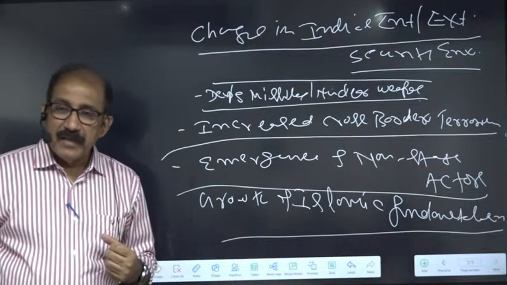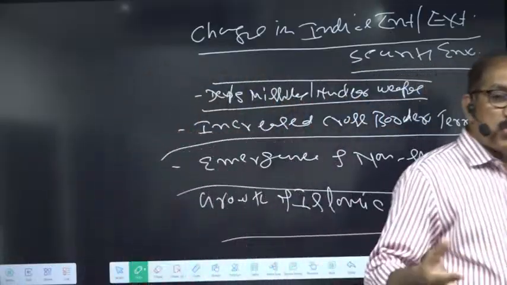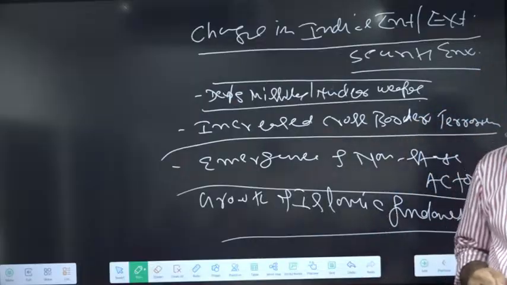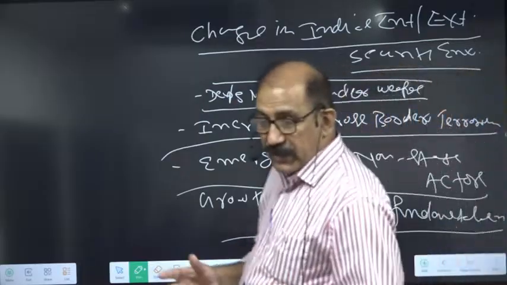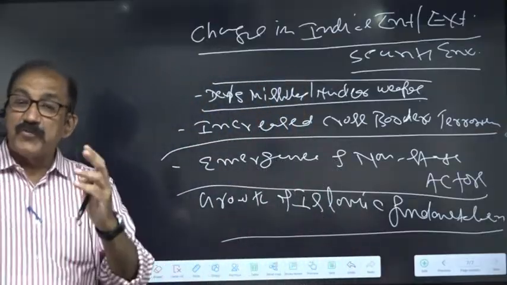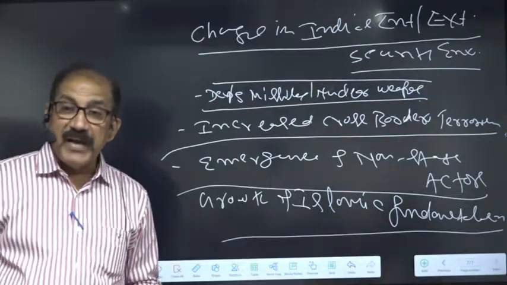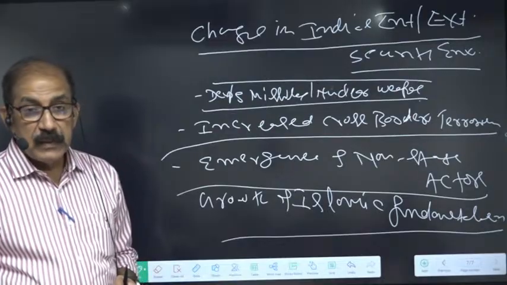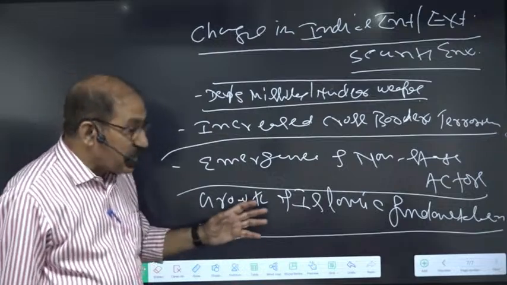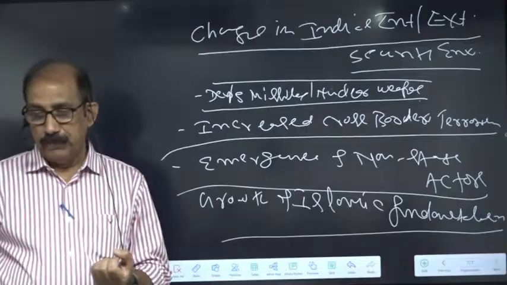What is orthodoxy? My religion is better than all. Shias would say our religion is better than the Sunni religion. Shiites and Sunnis, the two important sects in Pakistan, are fighting for the purification of Islam. They are saying our religion is more pure than your religion. So growth of Islamic fundamentalism means it has taken an extreme form.